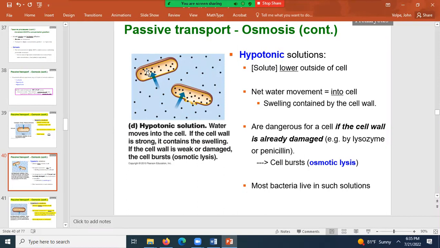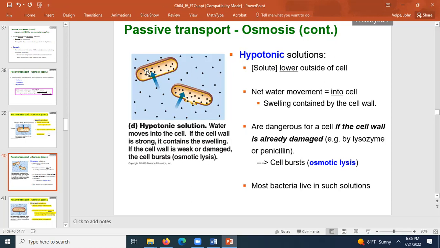This will cause swelling of the plasma membrane, up until the plasma membrane touches the cell wall. Once the plasma membrane reaches the cell wall, the plasma membrane cannot expand any further.